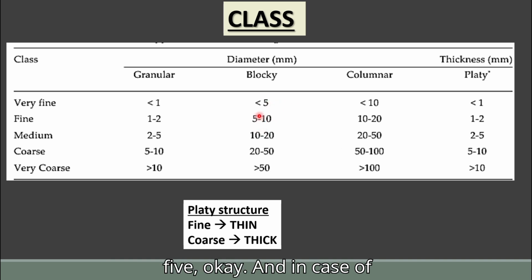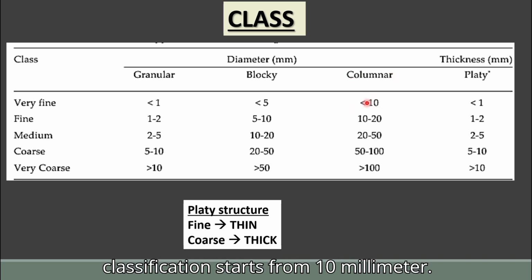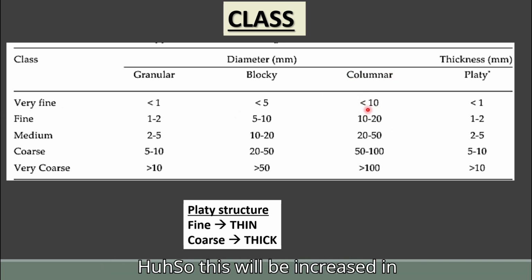In case of columnar, the classification starts from 10 millimeter. So this will increase as 10 to 20, 20 to 50, 50 to 100, and greater than 100. But the difference is in platy structure. In platy, we call fine as thin.